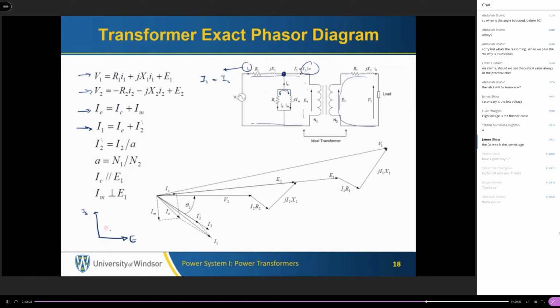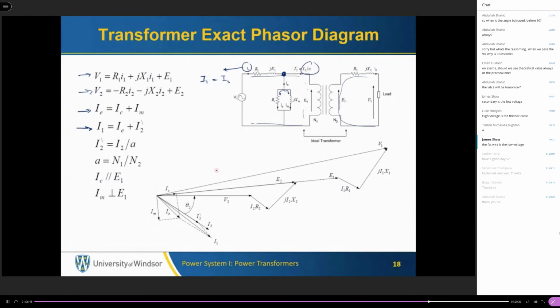There is 90 degrees between the induced voltage and the magnetization current that results in the induced voltage. This is a rule in magnetic circuits. Okay, so now I want to explain the phasor diagram. So we start from the load.